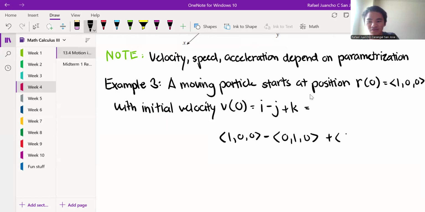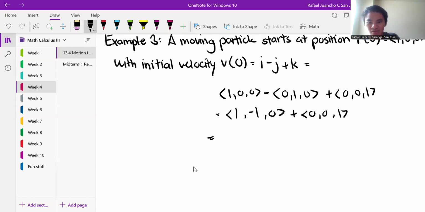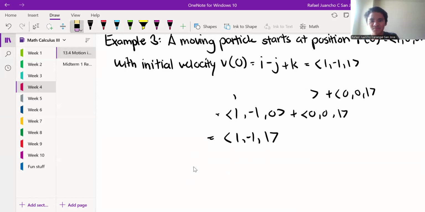And I add it to my k, 0, 0, 1. This gives me 1 minus 0, that's 1. 0 minus 1, that's negative 1. 0 minus 0, that's 0. And I add it to this thing and continue. 1 plus 0 is 1. Negative 1 plus 0 is negative 1. 0 plus 1 is 1. There we go, that's the simplified vector. So that's my initial velocity.